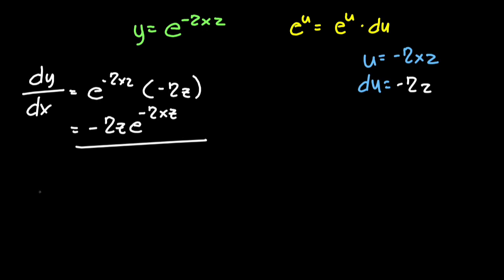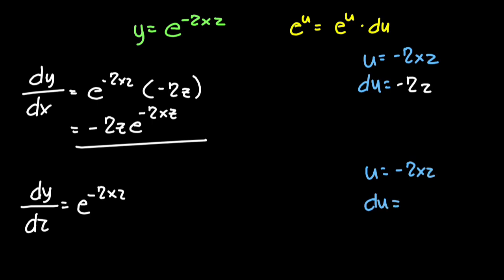Take the derivative of y with respect to z now. So this would be e to the power of negative 2xz. And so let u here be negative 2xz, derivative of u with respect to z. Treat x as a constant here.